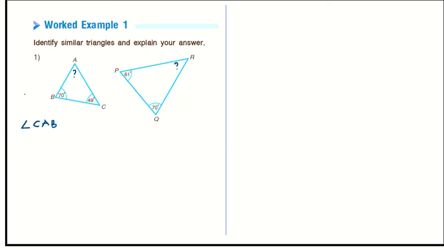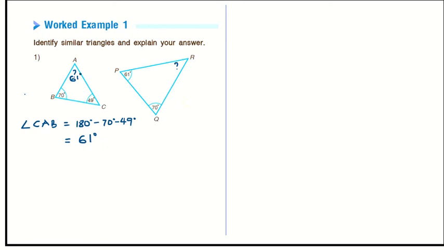So, angle CAB will be 180 degrees minus 70 degrees minus 49 degrees. And this will give us 61 degrees. So this means that we have 61 degrees here.